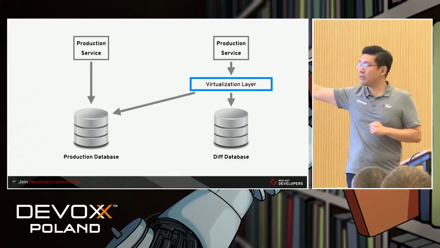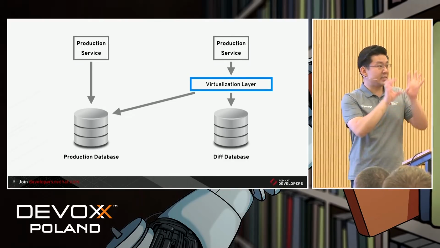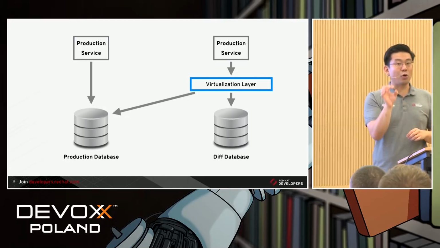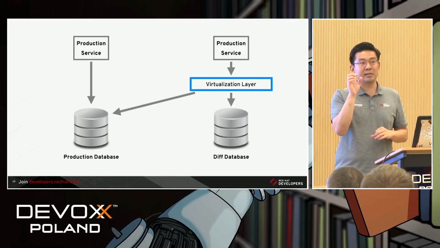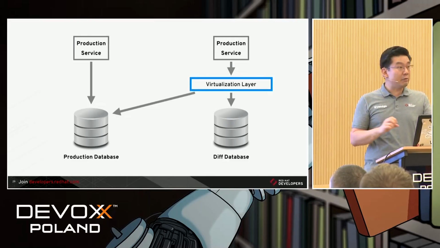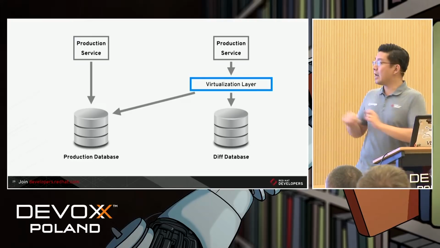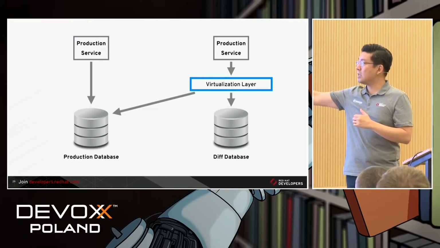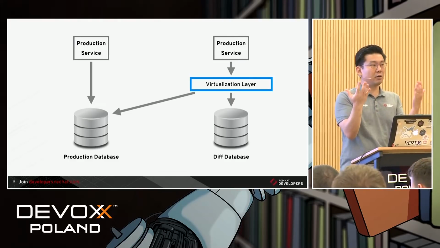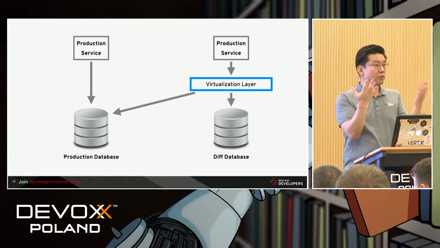On top of that, I have a Diffy database, which has the same schema as the production database, but this Diffy database only stores the updates, inserts, and deletes that are different from the ones that go to production. But when you query your database, you get a merge from the production and Diffy databases on the production servers, so you can test the results of both your services.